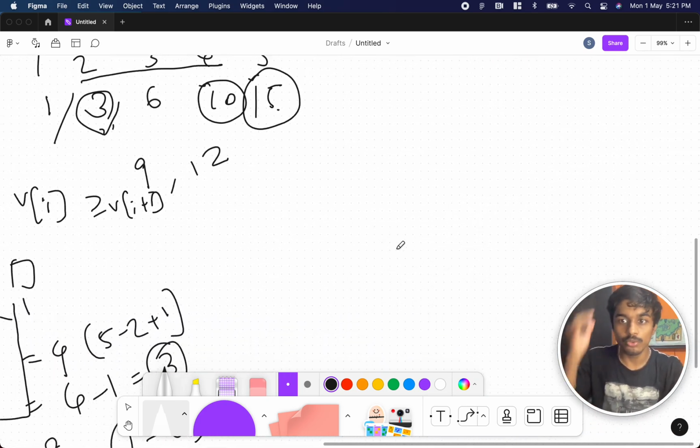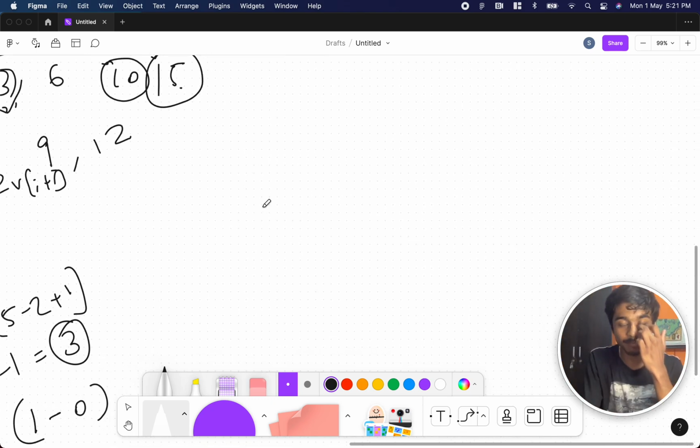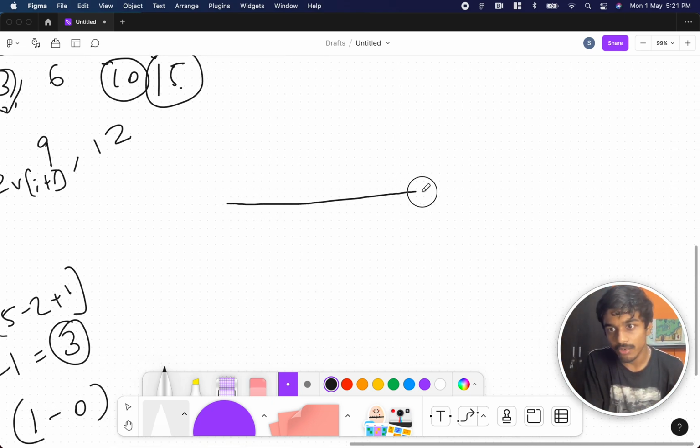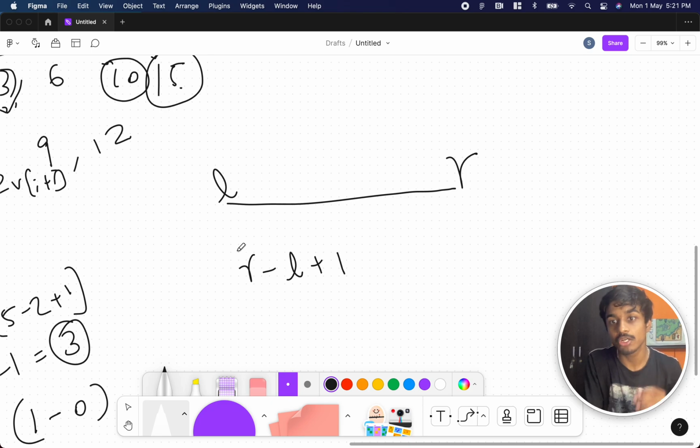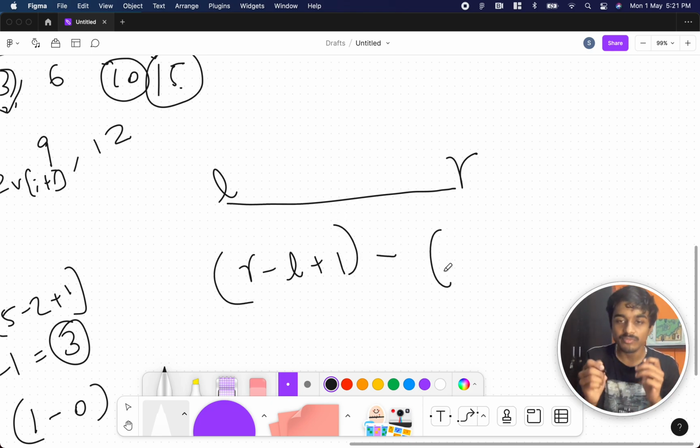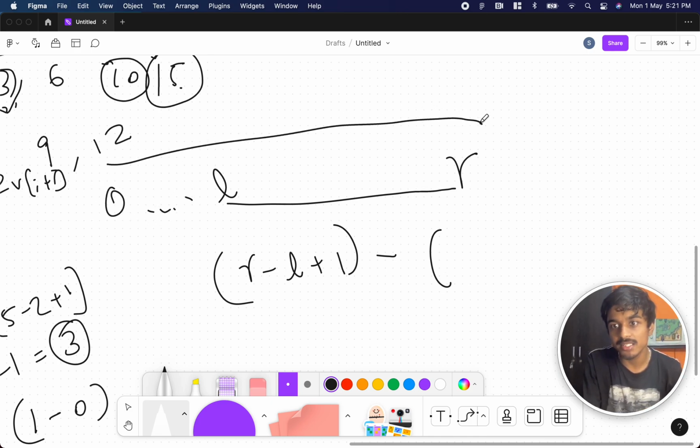So again I'll tell you, for simplicity, we take the set of numbers from L to R, we take the total count between L to R, that is R minus L plus 1 gives the total number of elements in the array, minus from 0 to R how many deviations are there.